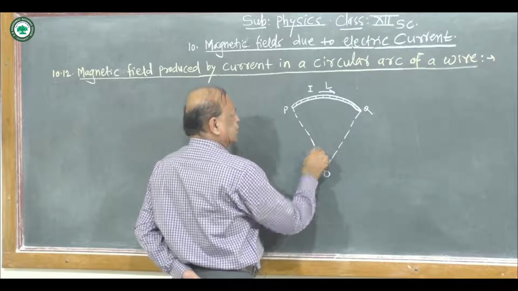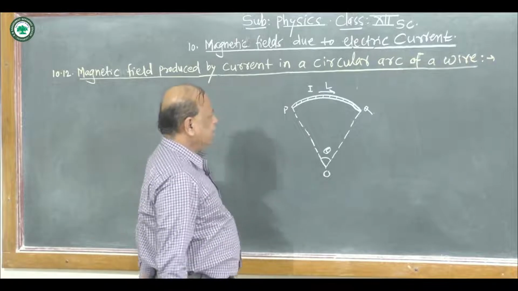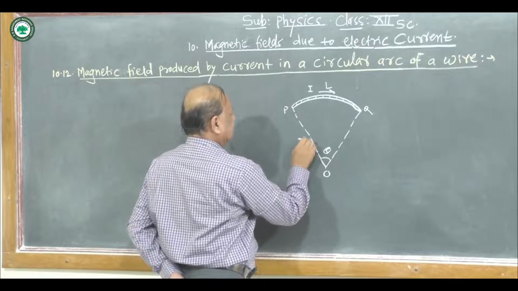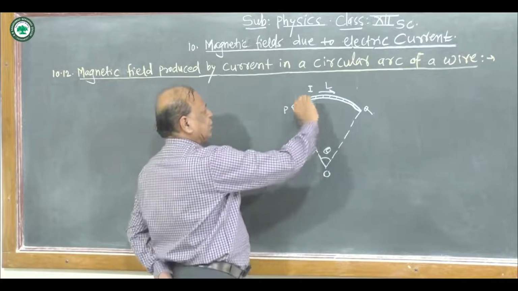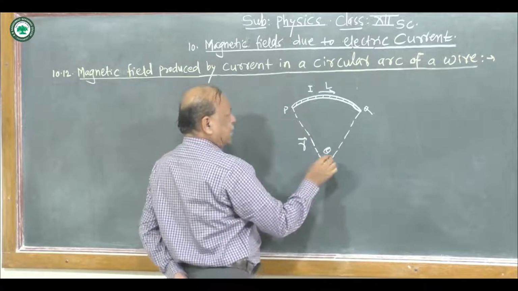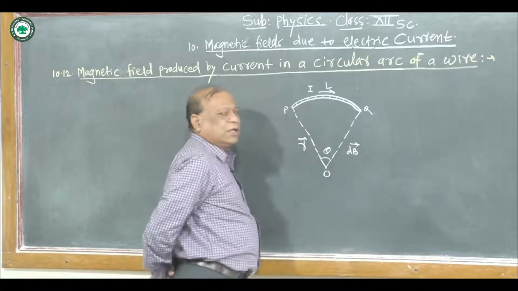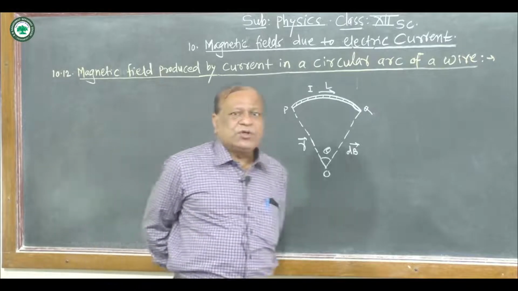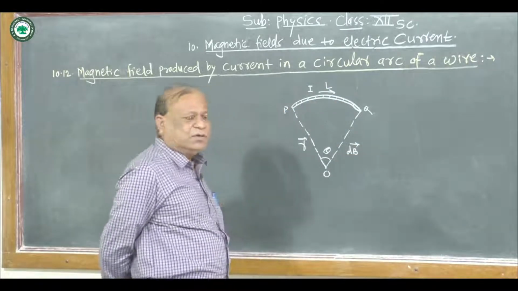Point O is the center of this circular arc, and theta is the angle made by this arc at point O. R is the position vector or distance OP, the distance of the circular arc from the central point O. According to the right hand rule, a magnetic field is produced around this circular arc of a wire.